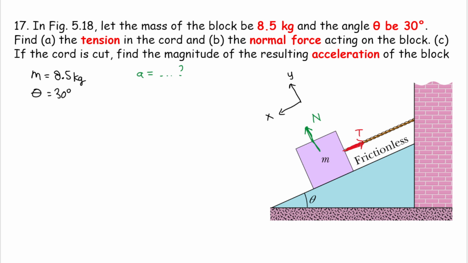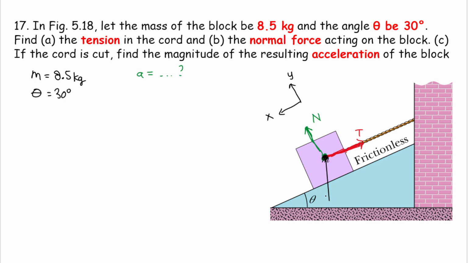And now let's see what we can do from here. We have the mass here, and this is the normal force which is perpendicular to the plane. And then this is our tension of the cord, but then we also have the weight of the block here. And the weight goes down, right? Like that.